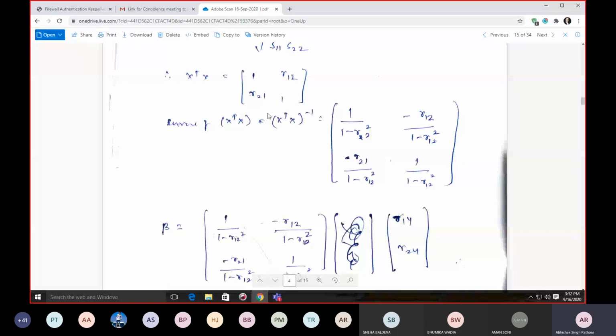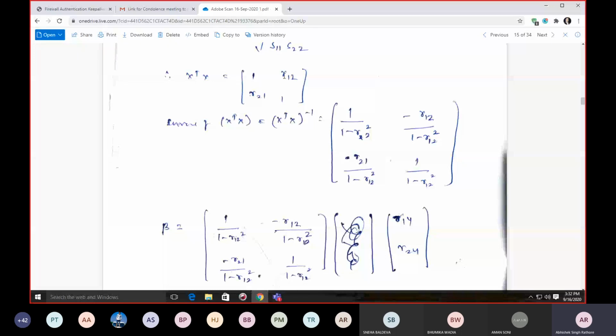Now when we are calculating the 2 cross 2 matrix inverse, we just swap these values. So again swapping this value, 1 we swap from here, so we are again getting the value of 1 over here, and again we are swapping this value with a negative sign. So this is my r12, this becomes my negative of r12.